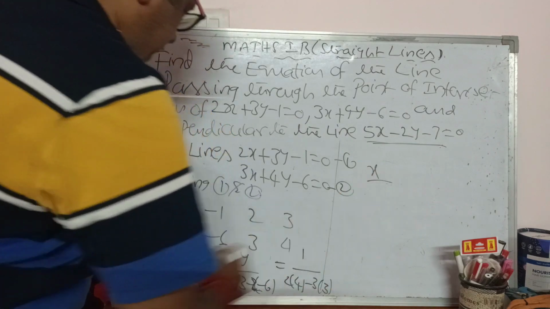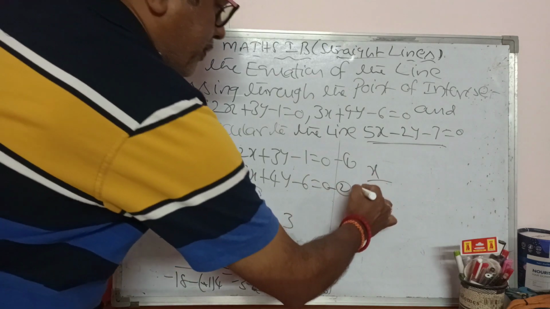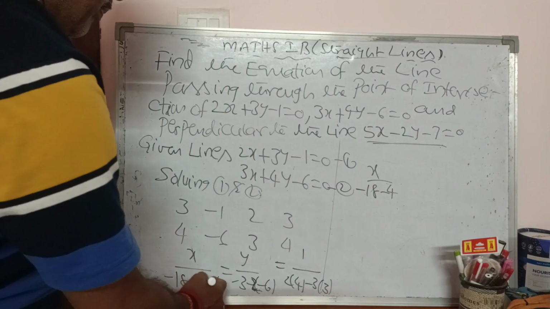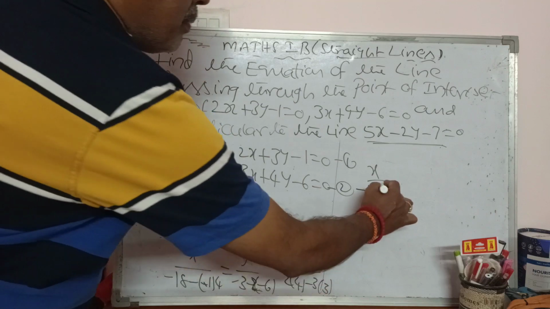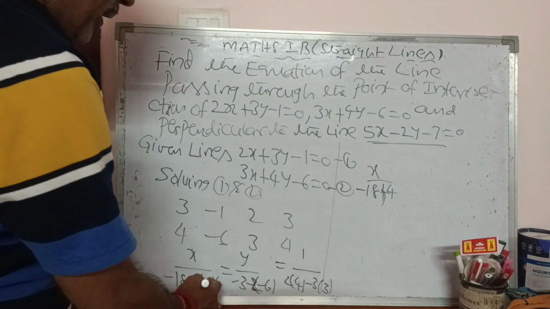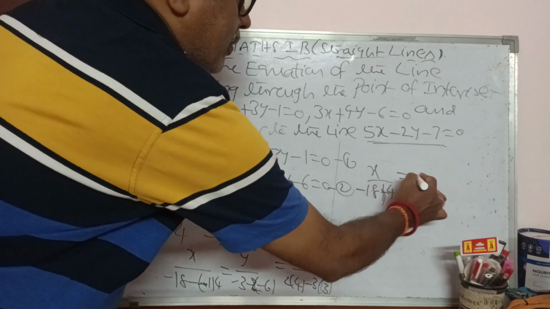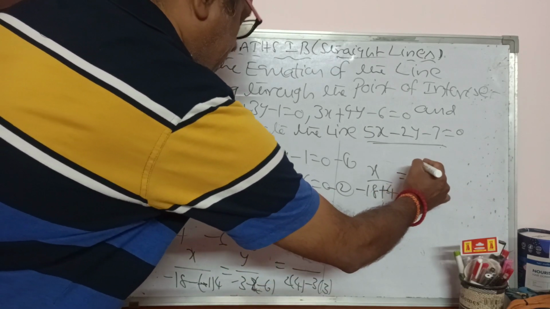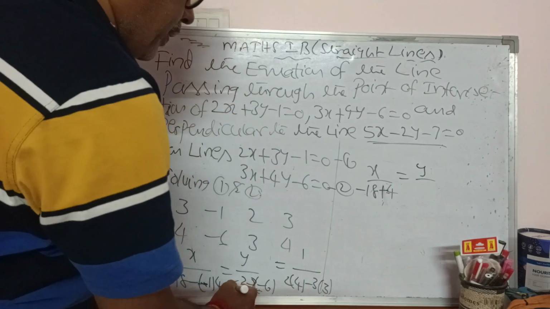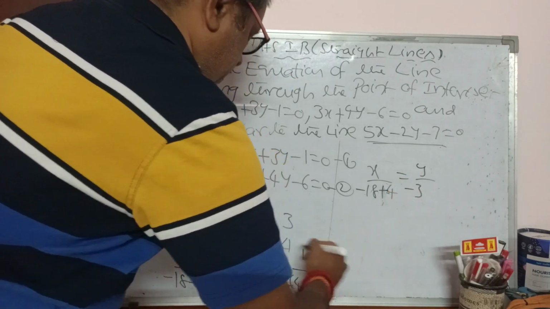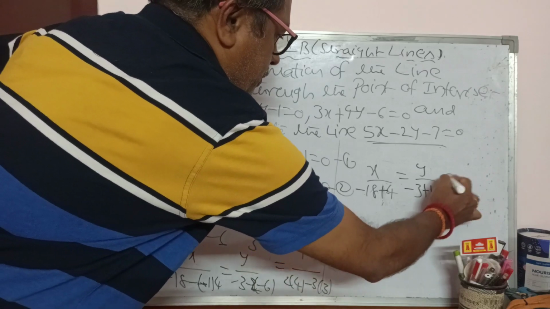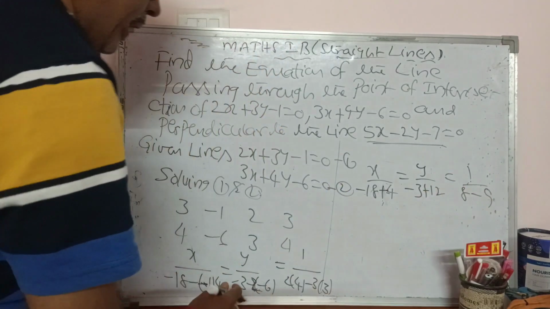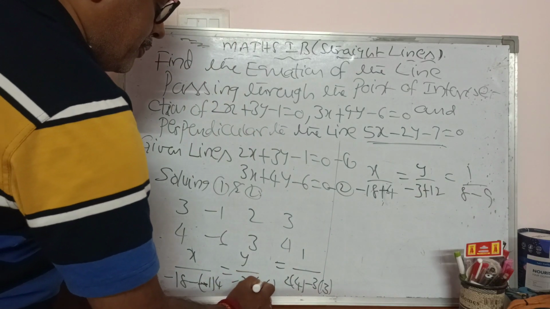Therefore, x by minus 18 plus 4, sorry, minus 18 plus 4. Y by minus 3 plus 12 is equal to 1 by 8 minus 9.